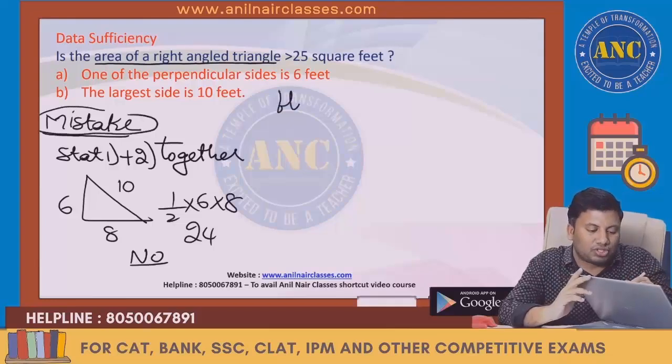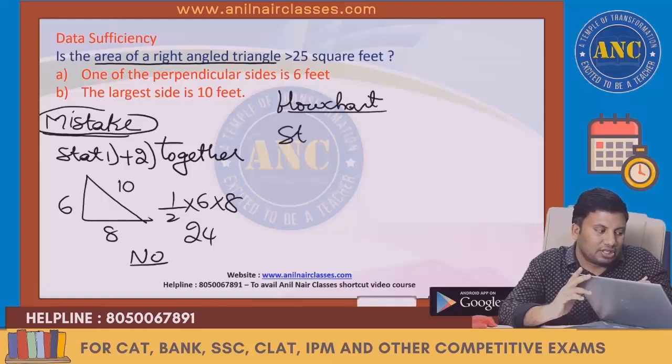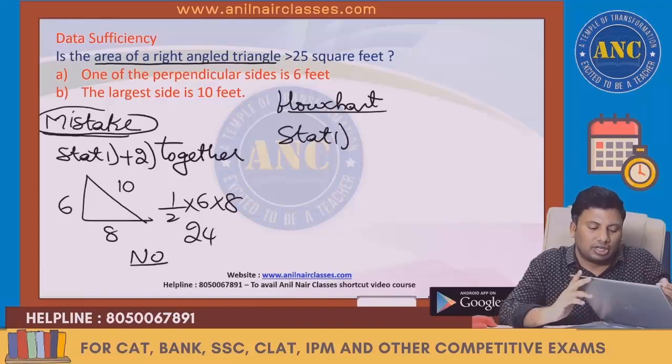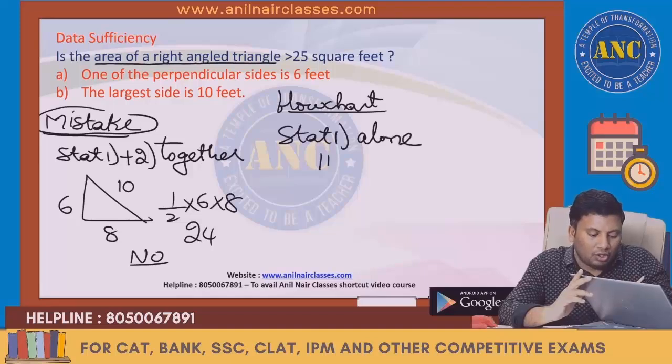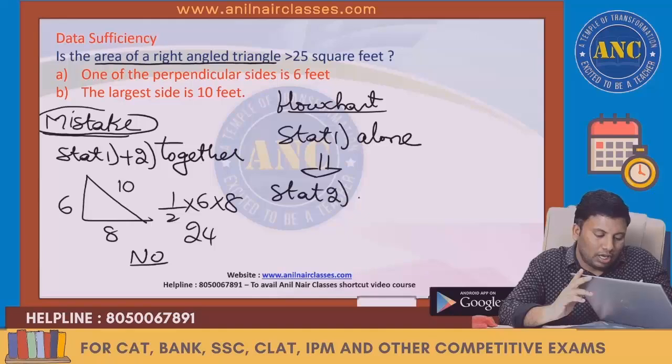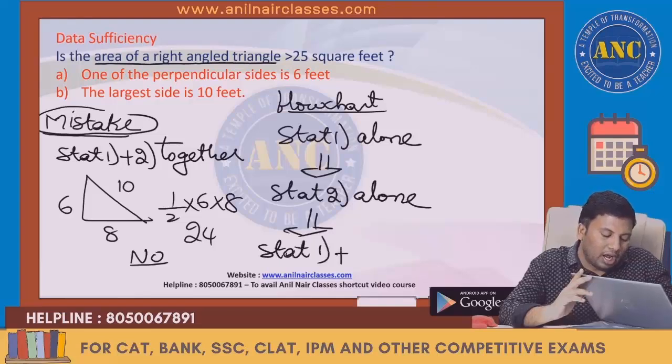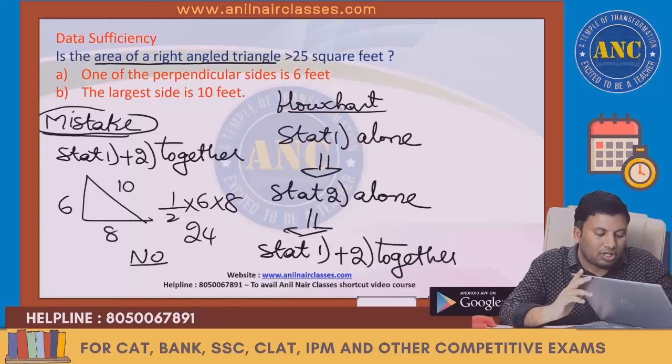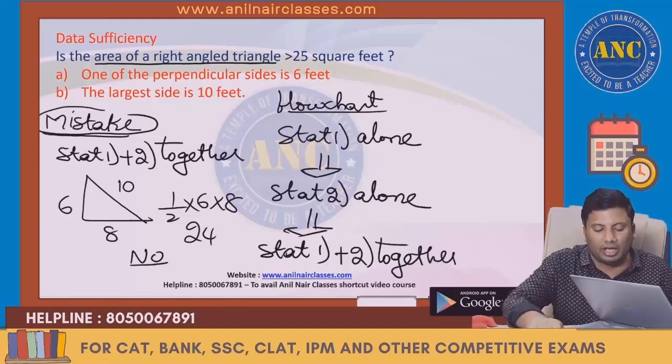What is the flow chart? First do statement 1 alone, then do statement 2 alone, then do statement 1 and 2 together. You cannot combine both the statements without doing statement 1 and 2 alone.